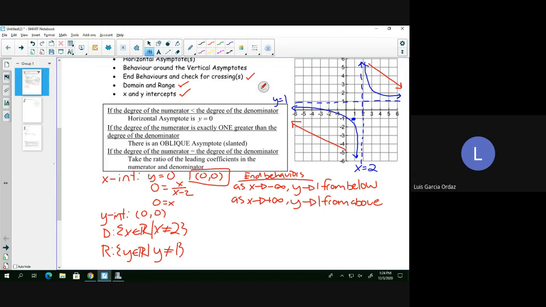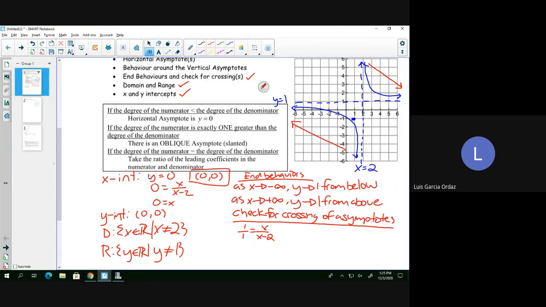And we do not cross the asymptotes at all. So to check for crossing of asymptotes, all we're going to do is take the ratio of the coefficients in front of the variable. Okay, so in this case, it was 1/1, and set that equal to our function, x divided by x minus 2.